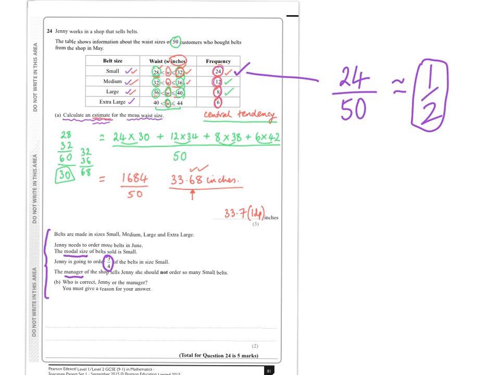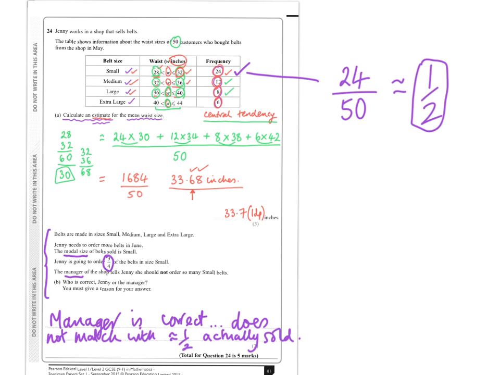Okay, so in that respect, I would think the manager is correct, because it doesn't warrant spending all that money and having 3/4 of your stock being small when only half of them, compared to all the other sizes, sell. And I've just finished the explanation off here. Manager is correct, does not match with the half actually sold.